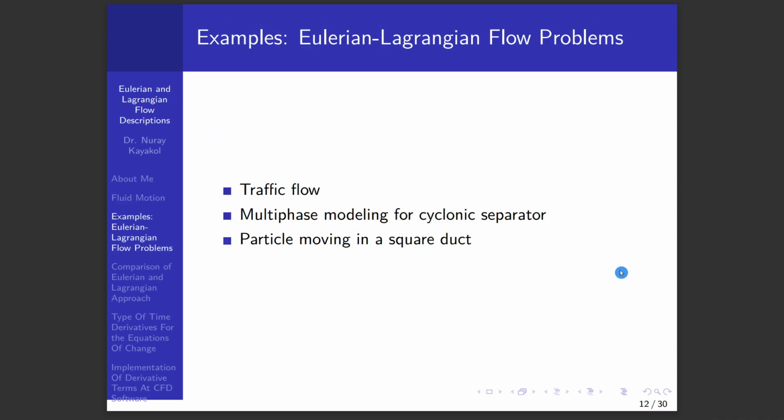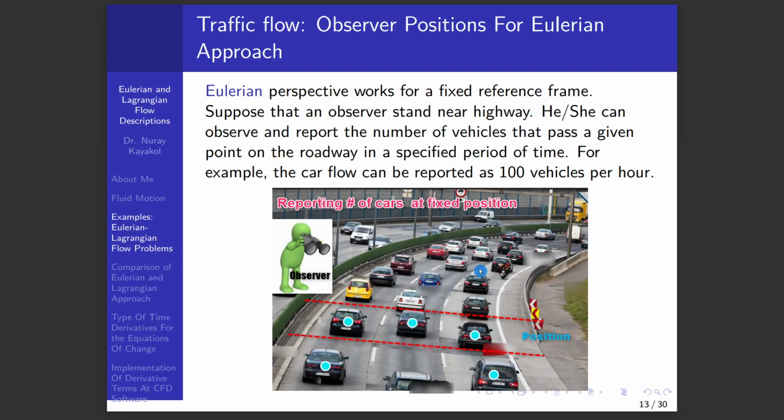Now I will give you 3 examples so that you can understand Eulerian and Lagrangian flow patterns. These examples will be traffic flow, then multiphase modeling for a cyclonic separator, and the third one, a particle moving in a square duct. Let's talk about traffic flow.